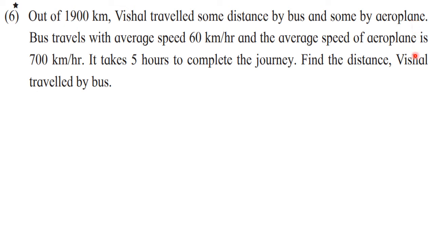But they have asked only one thing, that means we have to find only x. There is no need to find y. We are going to consider two variables, but they have asked us only one value, so there is no need to find both the values here.